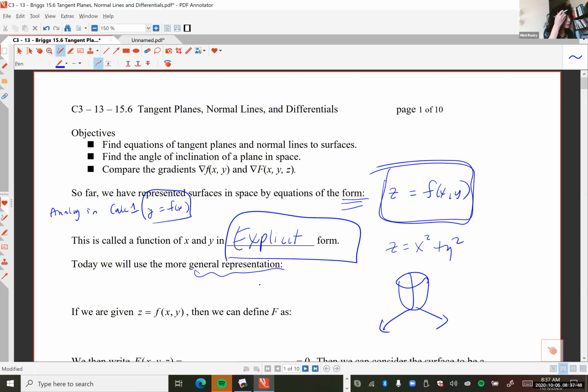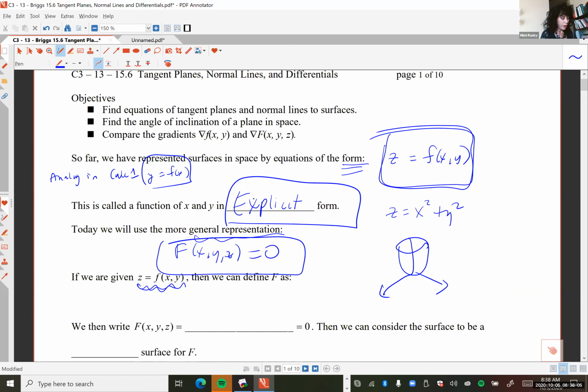What you want to do is move everything to one side and zero on the other so that you get the general representation that looks like this. This is key. Okay? So if you're given explicit form like this, what do you do?